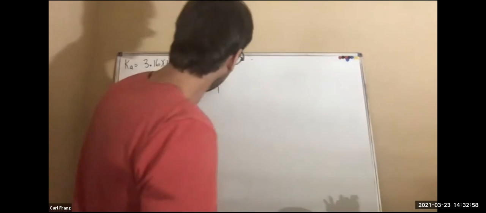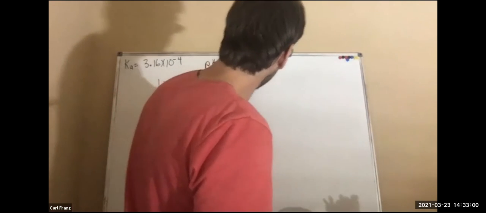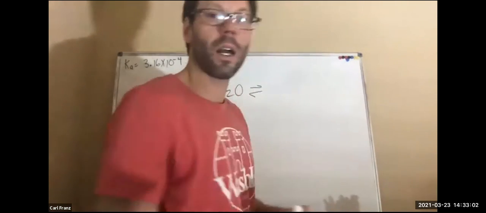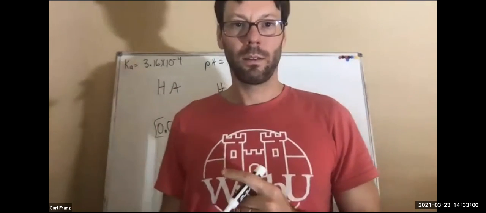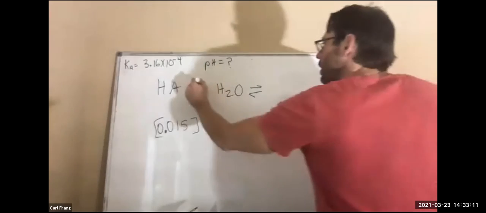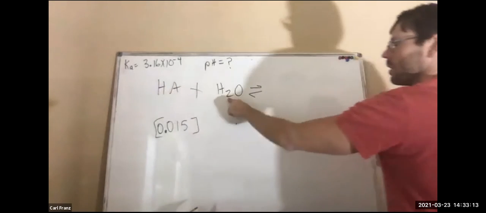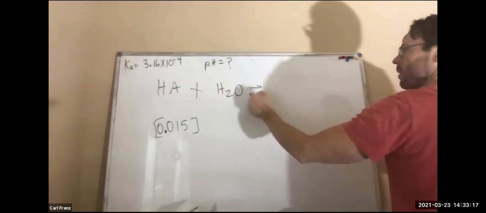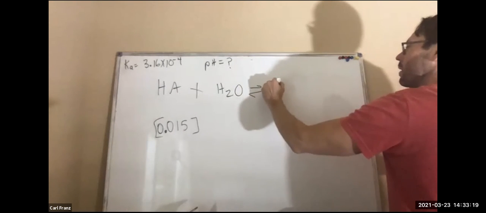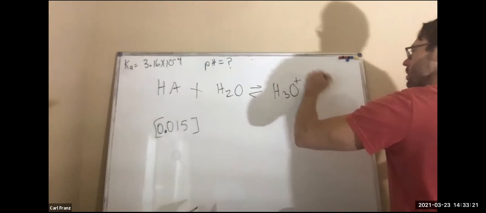HA, H2O gives us what? If this is our acid, this is our base. So the conjugate acid is this.